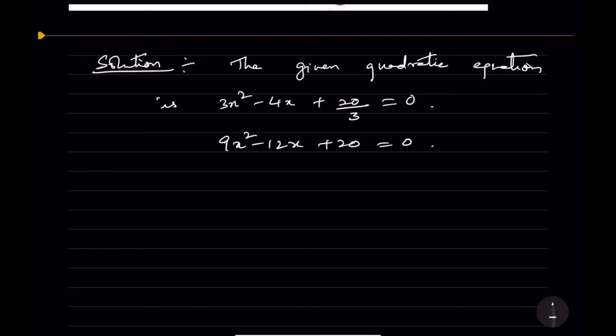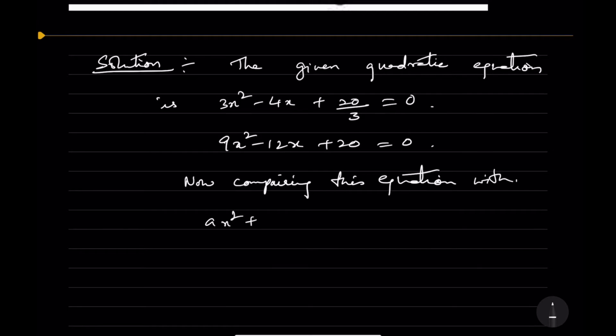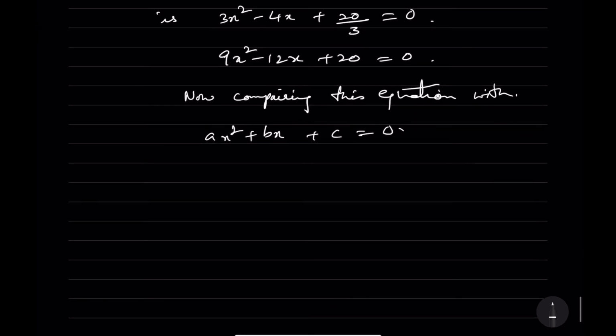Now comparing this equation with the general form ax square plus bx plus c equal to 0, we have a is equal to 9, b is equal to minus 12, c is equal to 20.